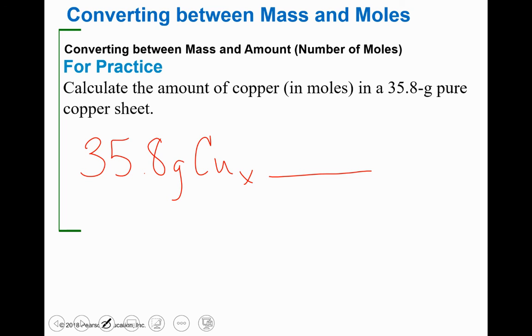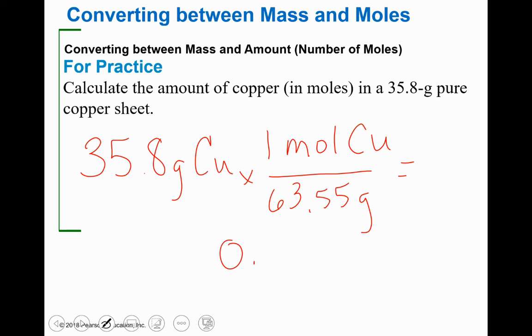We've actually already looked up the copper, and we know that 1 mole of copper is 63.55 grams. So I have 35.8 divided by 63.55, and that gives me 0.563 moles of copper.